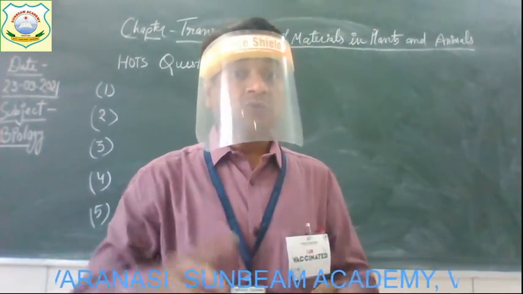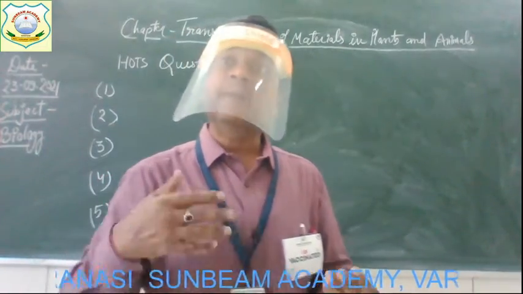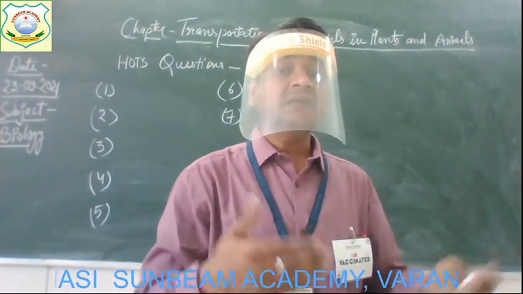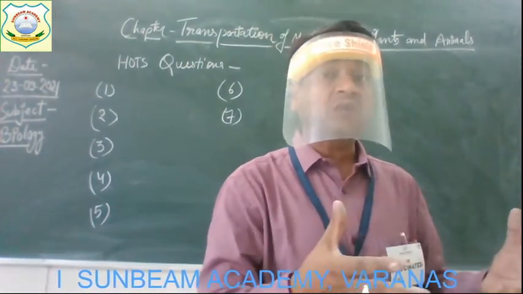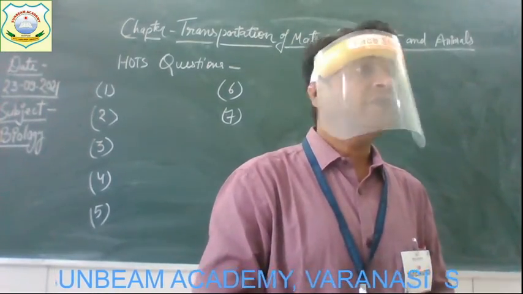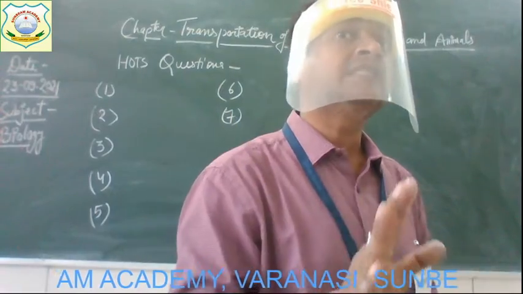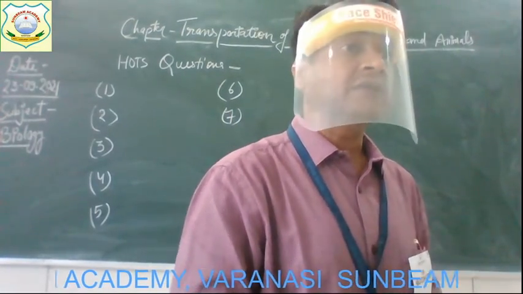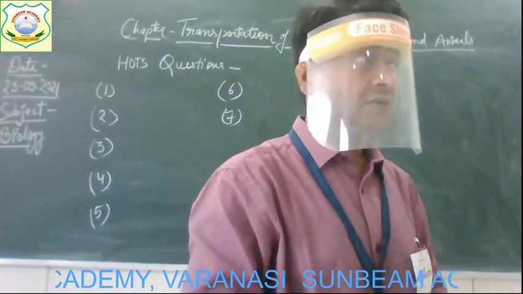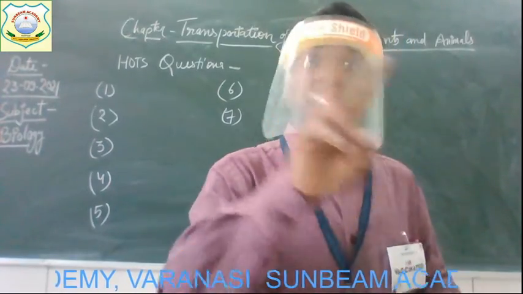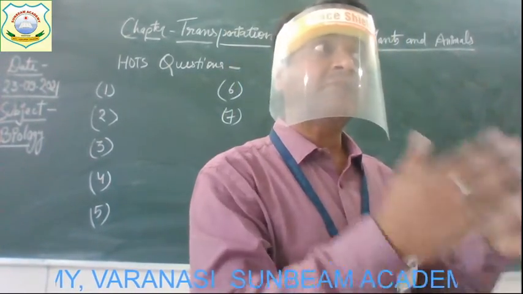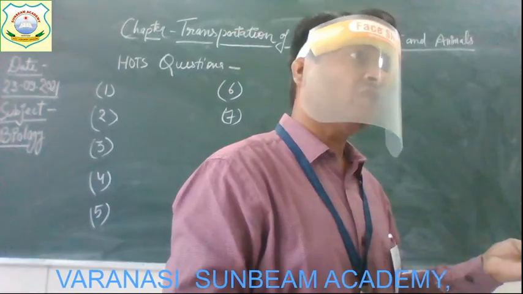So for this action of pumping the blood, thick muscular walls are necessary in the ventricles. Whereas thick muscular walls are not required in the auricles because they only receive the blood. Get it? Understood the reason now why the ventricles have thick walls and auricles have thin walls?